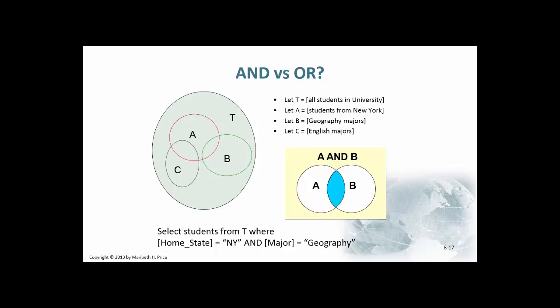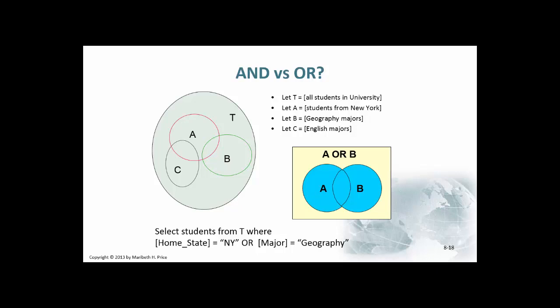This query selects from the population T only those students from New York that are geography majors. Both conditions are true. In this case, both circles A and B are selected.